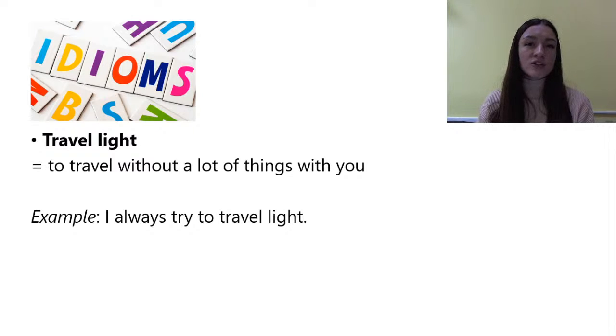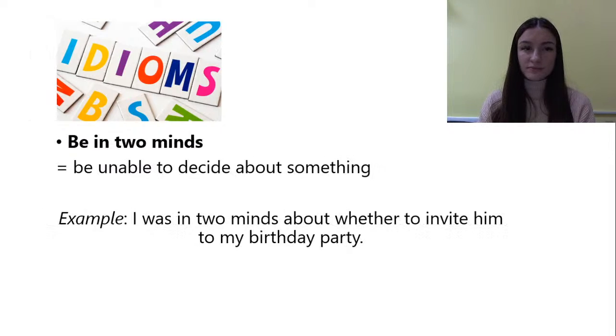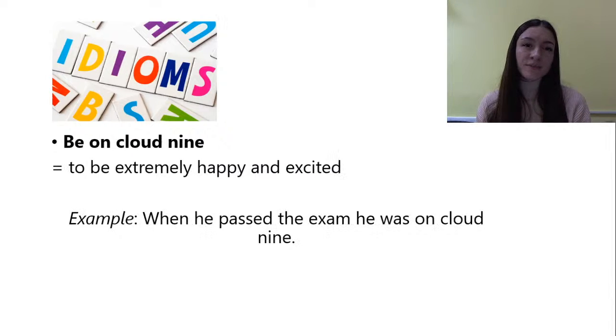I always try to travel light. Be in two minds. Being unable to decide about something. You can't choose something, you can't decide. I was in two minds about whether to invite him to my birthday party. I didn't know invite or not to invite. Be on cloud 9. Be extremely happy and excited. When he passed the exam, he was on cloud 9.